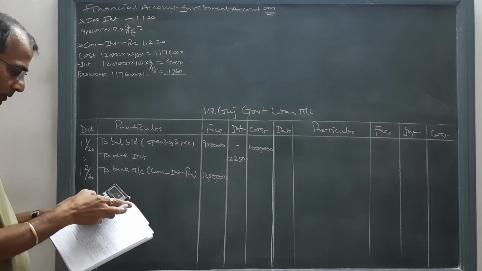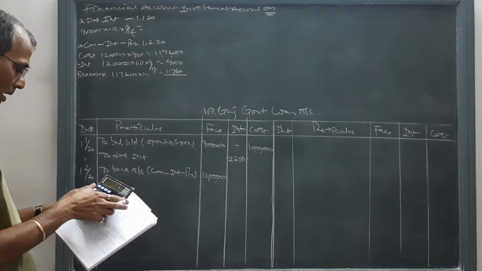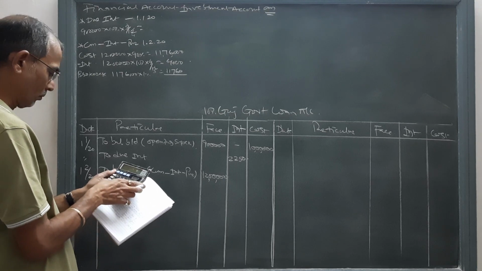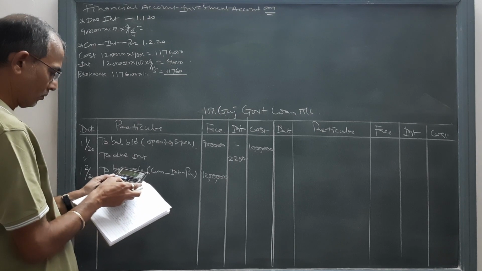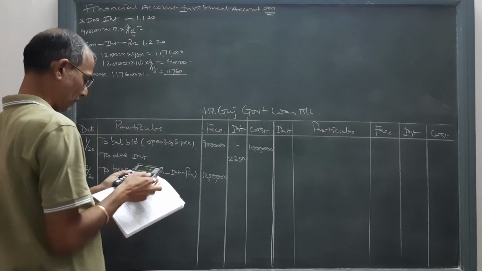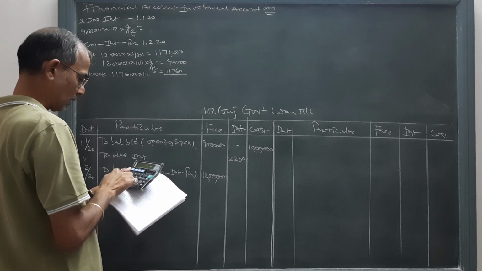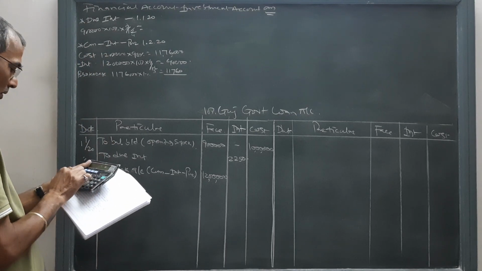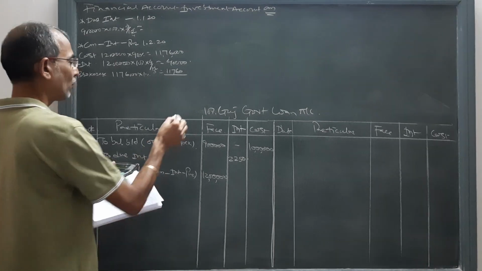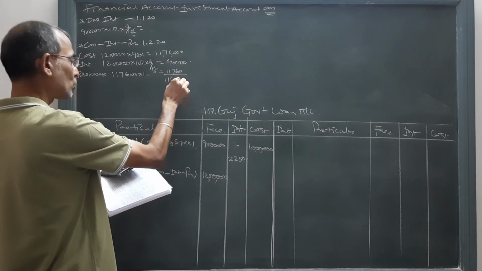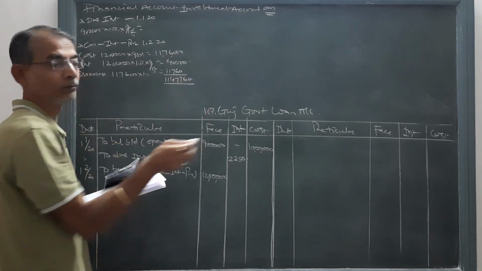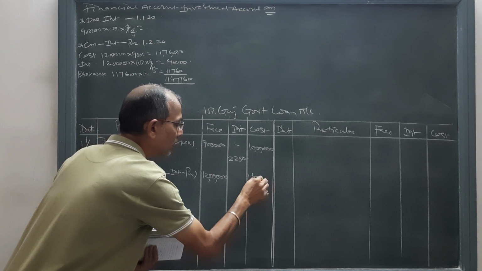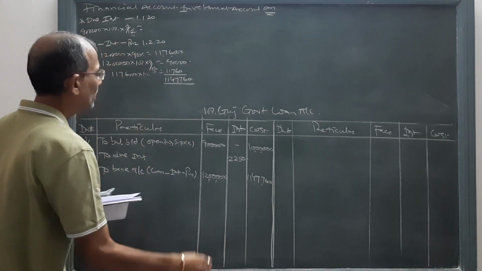So 11 lakh 76,000 minus 40,000, that is 40,000 interest, not 4,000, plus 11,760, so 11 lakh 47,760 will be the cost price. Interest is 40,000.